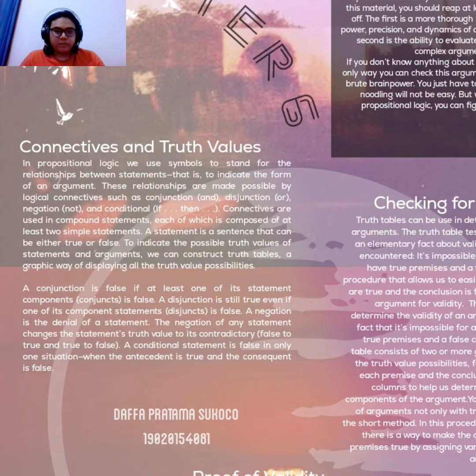These relationships are made possible by logical connectives such as conjunction, disjunction, negation, and conditional. Connectives are used in compound statements, each of which is composed of at least two simple statements. A statement is a sentence that can be either true or false.